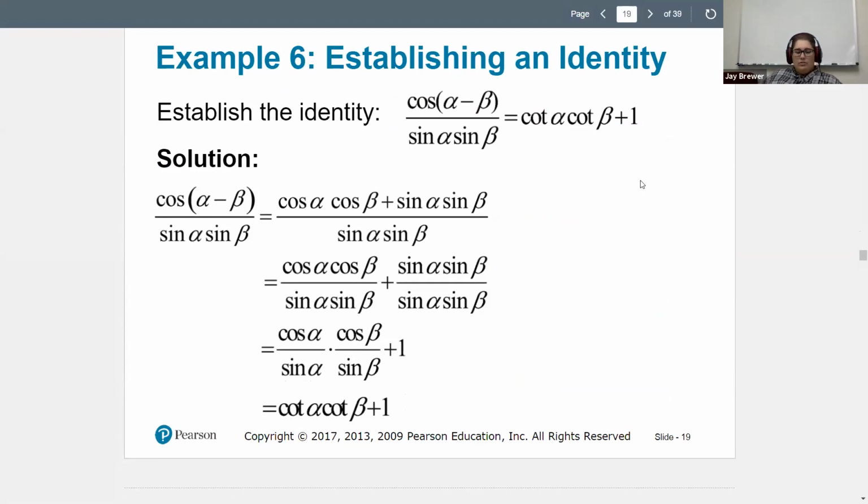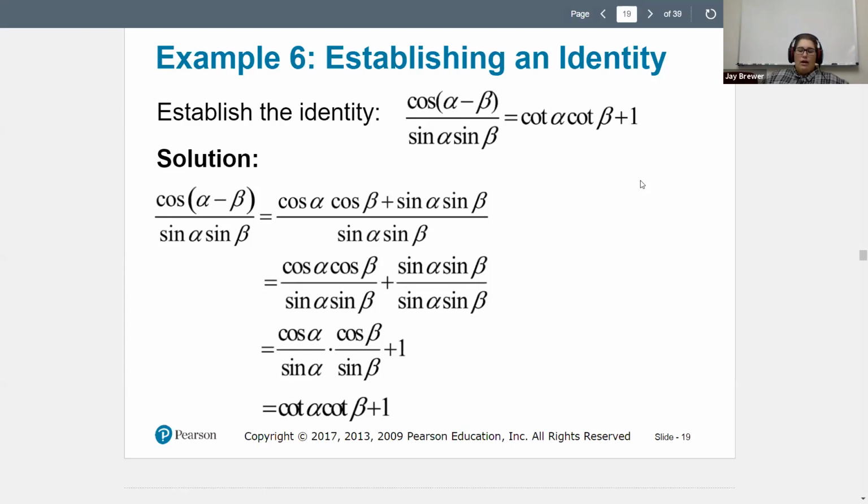Any questions on example 6? Excuse me. Any questions up to this point on cosine and sine before we move on to tangent?